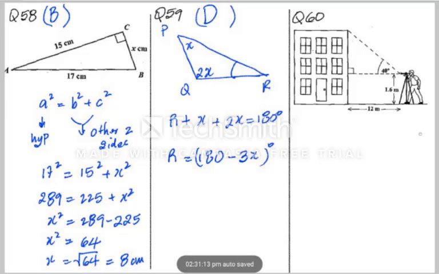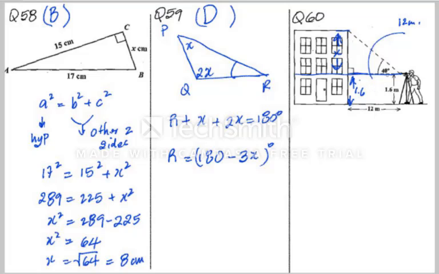We already know a part of the height of the building: the height so far for this bottom half is 1.6 meters. What we don't know is the height of the top half. This length here, I'm going to call x. I know that for this triangle at the bottom, the base here is 12 meters.